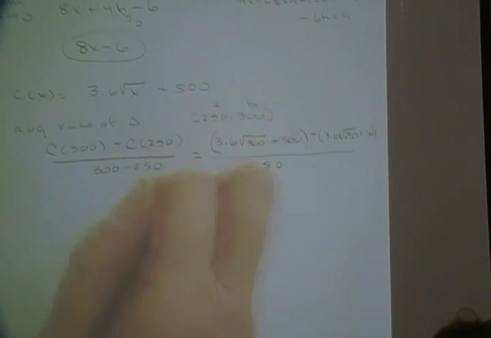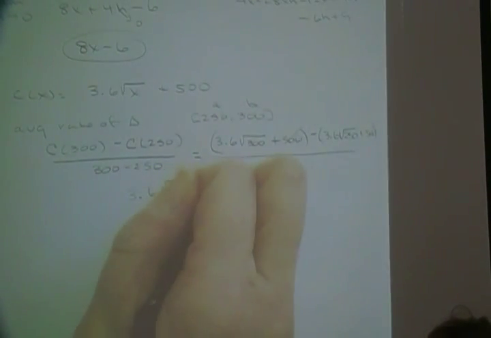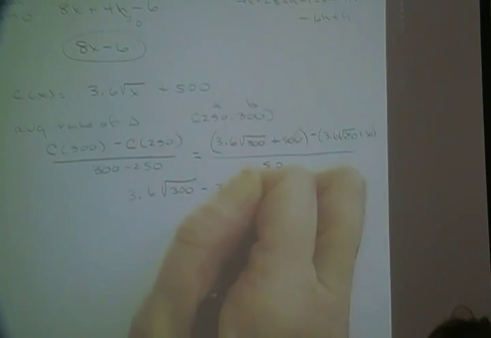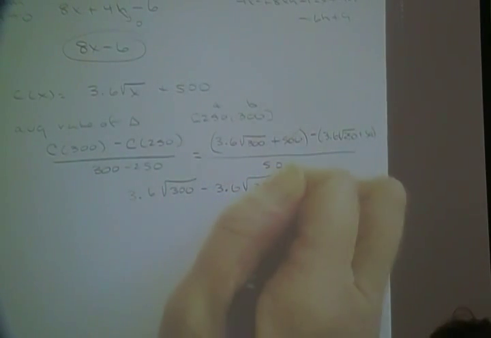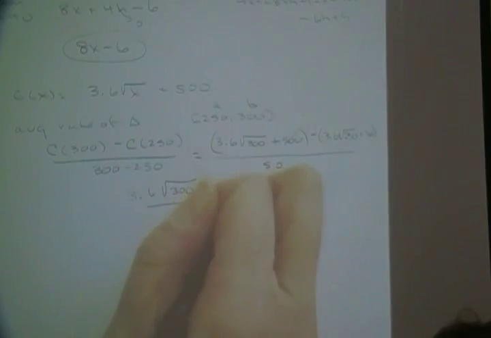The reason I didn't really need the 500 is they're going to subtract away. But I would need to take on my calculator 3.6 times the square root of 300 minus 3.6 times the square root of 250 and figure out what that is and divide it by 50. So you will get a decimal answer for that if you plug it into your calculator.